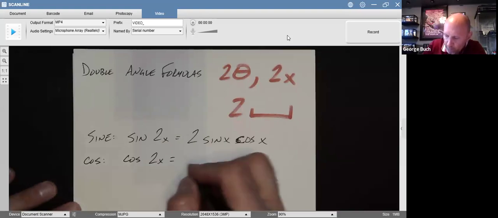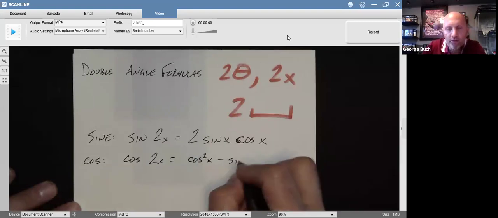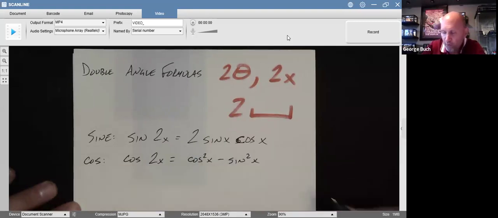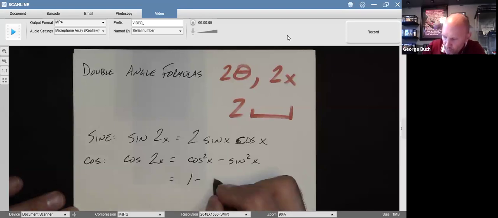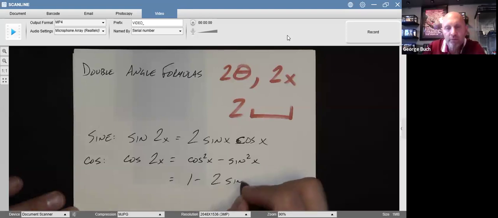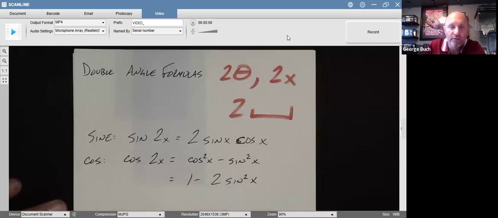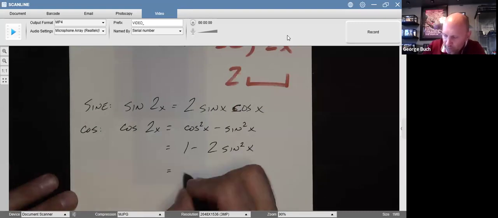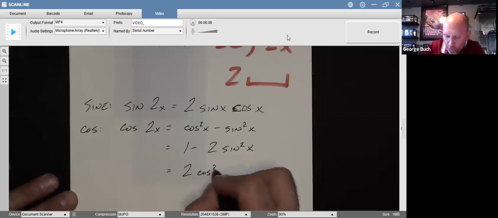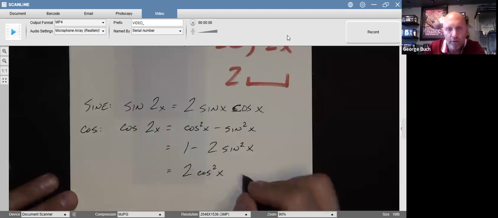The first one is cosine squared x minus sine squared x. So if I have both sine and cosine, this is probably the formula I would want to use. Or I have 1 minus 2 sine squared of x. So if I'm just given sine of x in the problem, this would be the formula I want to use. And if I'm just given cosine, I could use 2 cosine squared of x minus 1.